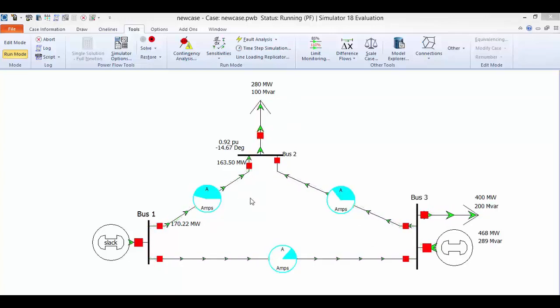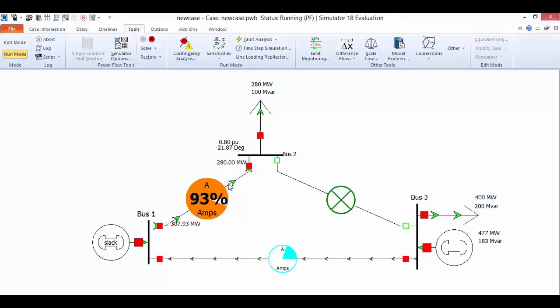For example, for the network shown here, the pie charts show what percentage of the line is utilized. If you wanted to take the line between bus number 2 and bus number 3 out for service, you open the circuit breaker, and you see that you will increase the loading on the line between bus number 1 and bus number 2 to 93%.